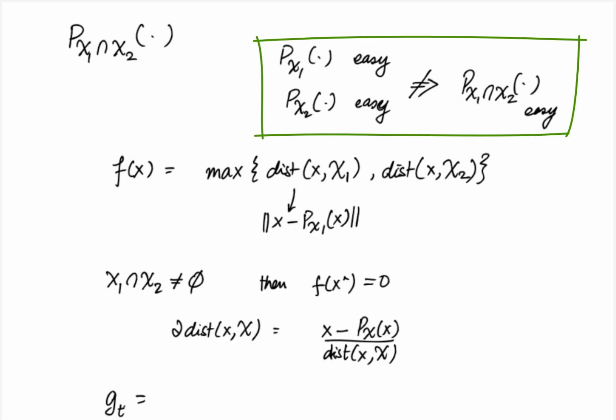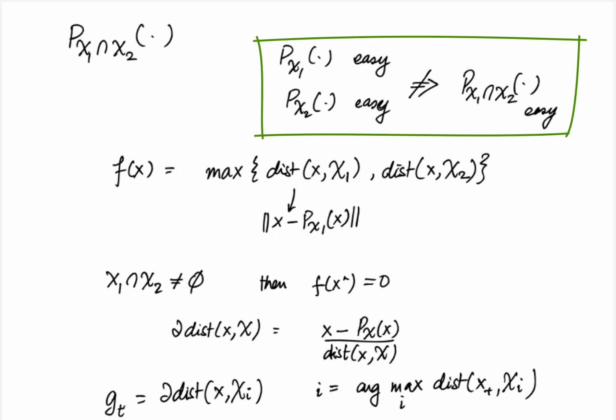That is, for any point xt, gt is equal to the subgradient of the distance of xt from calligraphic xi, where i is the index that maximizes the distance of xt from calligraphic x. In other words, for a given xt, we are finding the set that is farthest from it and then calculating gt using the formula of the subgradient of the distance function.